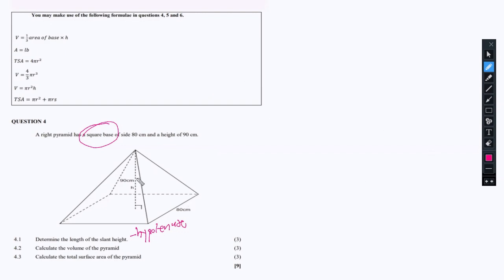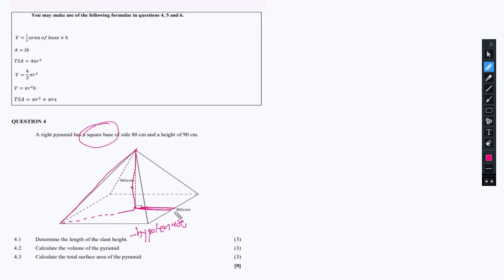Okay, so this is what we can do. The slant height is this. We have our perpendicular height like this. And then if we close off here so that we form that right angle triangle, then we understand that this height here, let's do it from this part here.